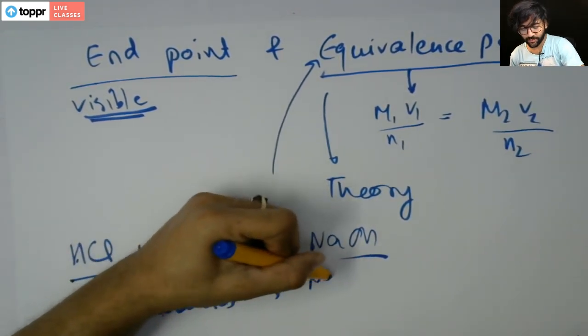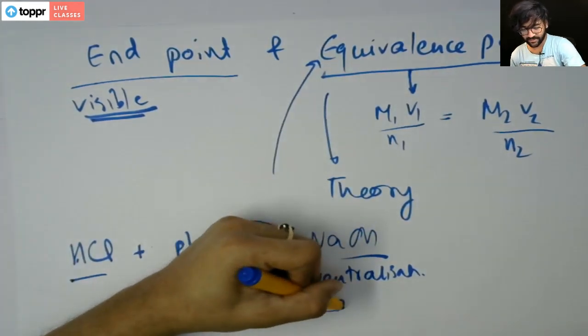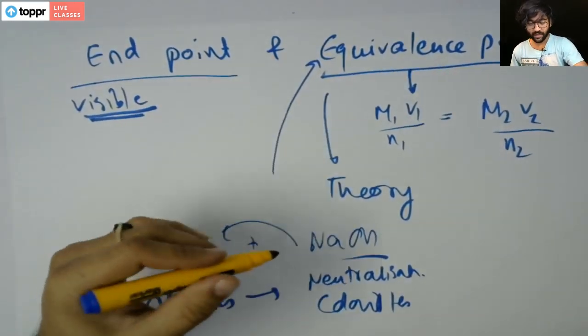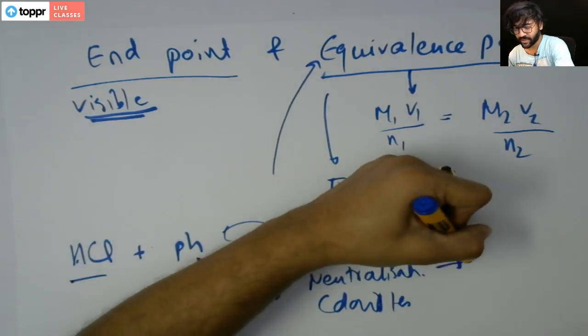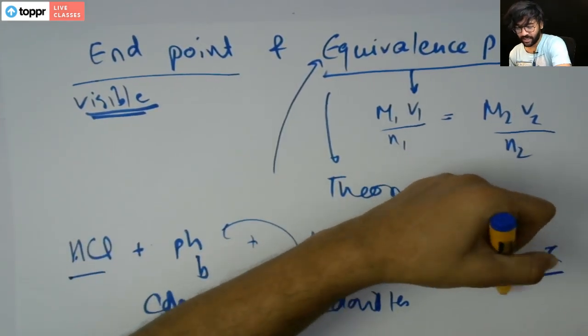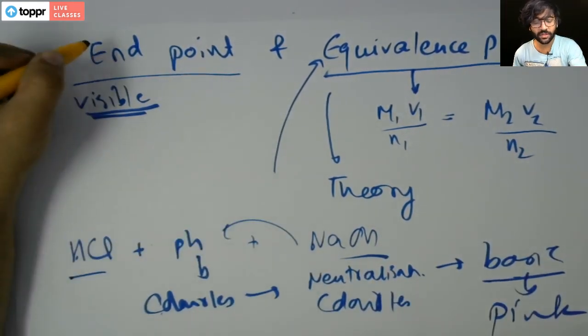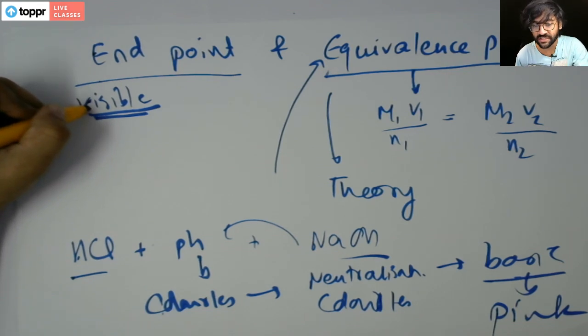At the neutralization point, it is still colorless. This neutralization point is basically the point of equivalence. But as soon as I add one more drop, the whole solution becomes basic in nature and the color changes to pink. So this point is basically a visible point, a point of change.